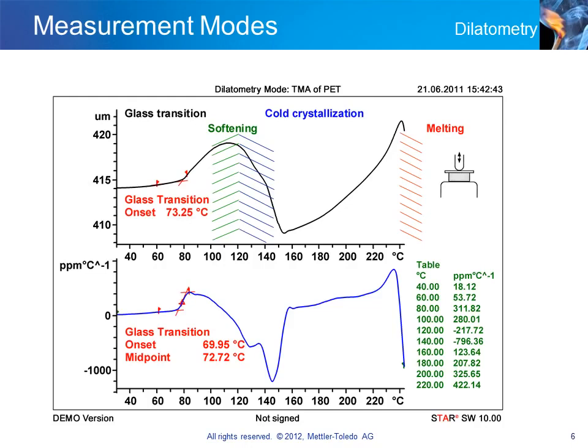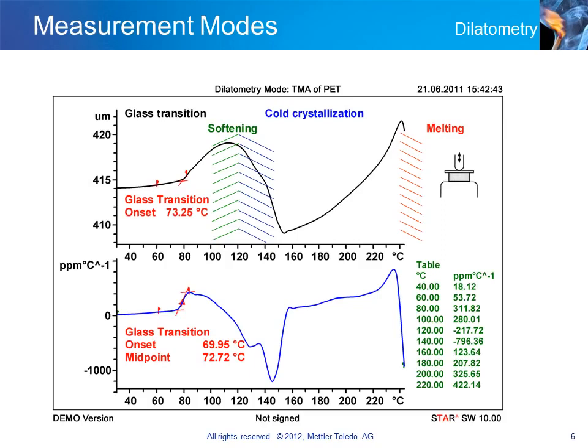Afterwards, softening and cold crystallization processes occur and the sample shrinks. After crystallite formation, the sample expands again above 150 degrees before it finally melts. Melting is accompanied by a drastic decrease in viscosity and thickness.